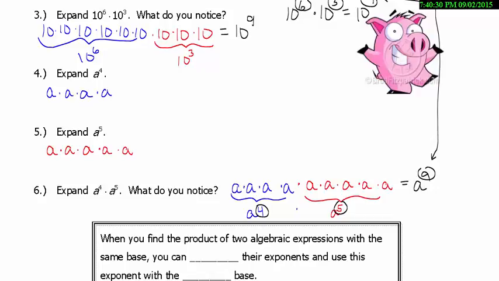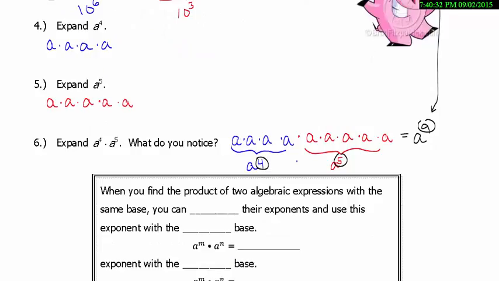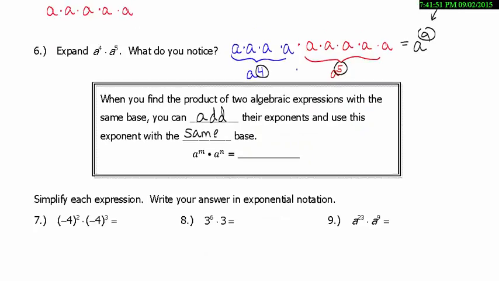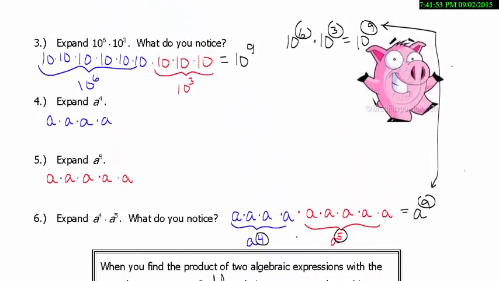It says when you find the product of two algebraic expressions with the same base, you can add their exponents and use this exponent with the same base. If you notice back in question 3, the tens didn't turn into 100 to the ninth power. It was still 10 to the ninth power because all you really have are a bunch of tens.